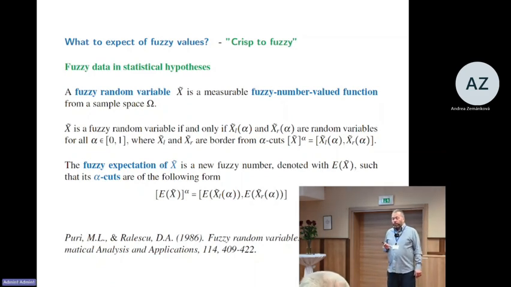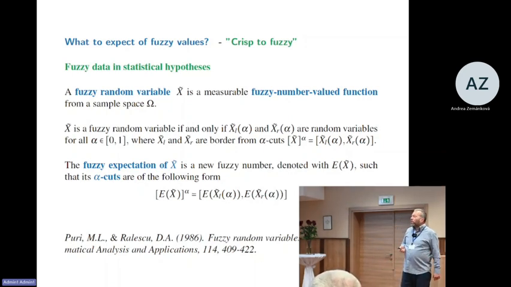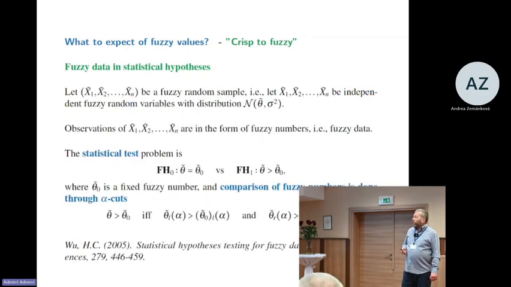So this is the way to define a fuzzy random variable. Very nice, very elegant way through alpha cuts. And obviously the expectation is then somehow natural to calculate. So the expectation of X is actually a fuzzy set where the limits of alpha cuts are actually expectations of the random variables that are alpha cuts of the fuzzy random variable. So this is very legit.